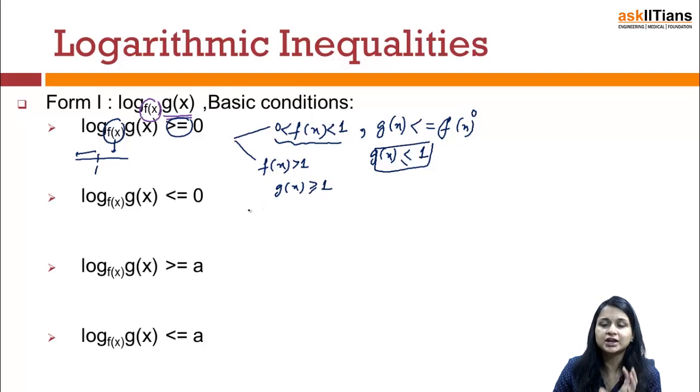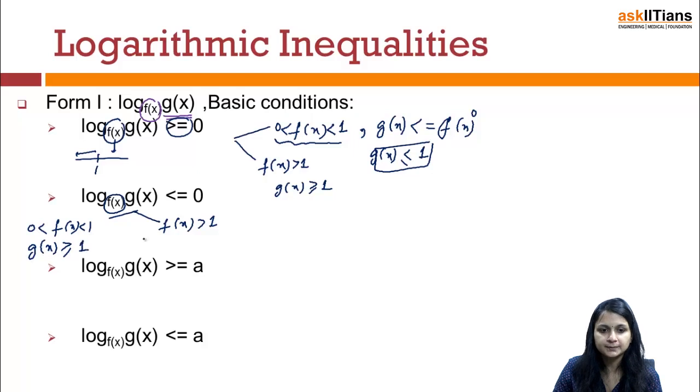So in each case you just have to be careful about the base, that's all. Here also I have to be careful about f(x), so I will do it in two ways: if f(x) is lying between 0 and 1, and if f(x) is greater than 1. If f(x) is between 0 and 1, the sign of inequality will change, so g(x) greater than or equal to 1. And here the sign of inequality would remain the same, so g(x) less than or equal to 1. Just a simple funda.